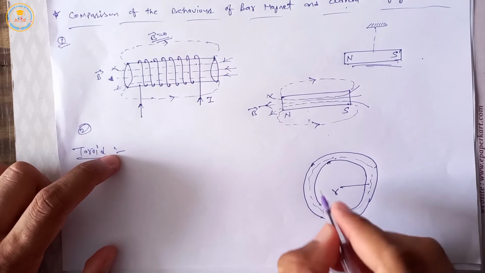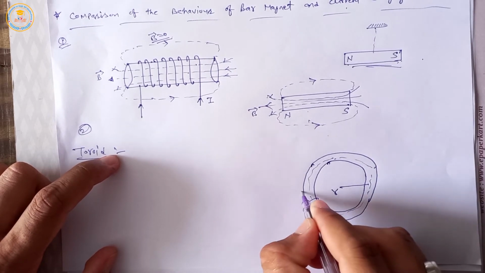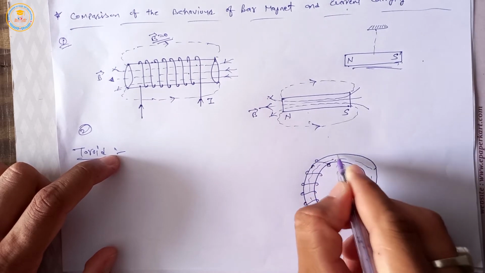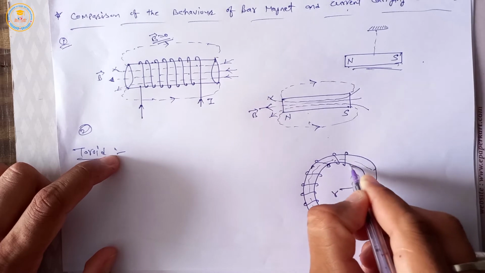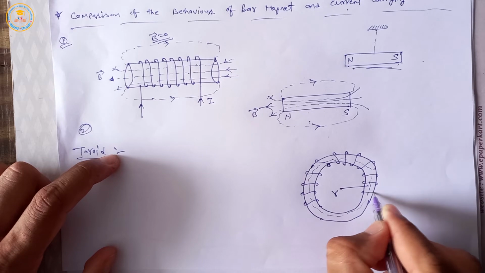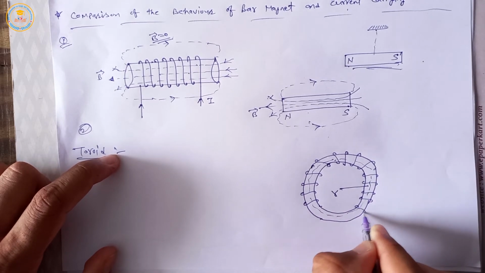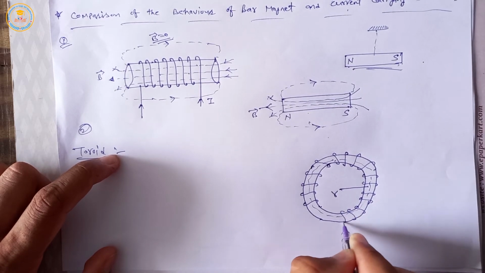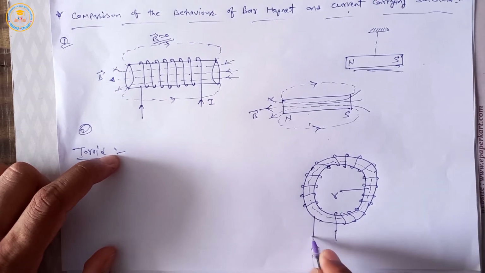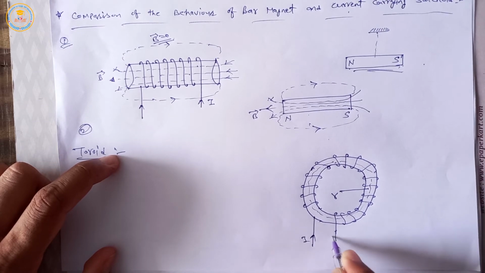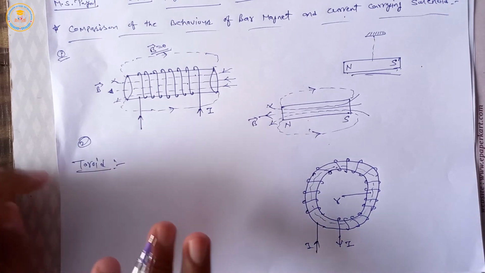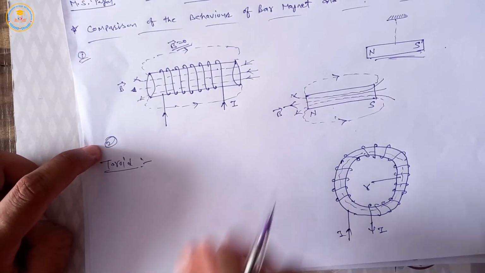Now a copper wire is wound over this circular ring in this way. The plane of each turn is perpendicular to the axis of this ring. This is the toroid, and current I is flowing through this. Then in this situation a magnetic field will be produced. This is the definition of a toroid.